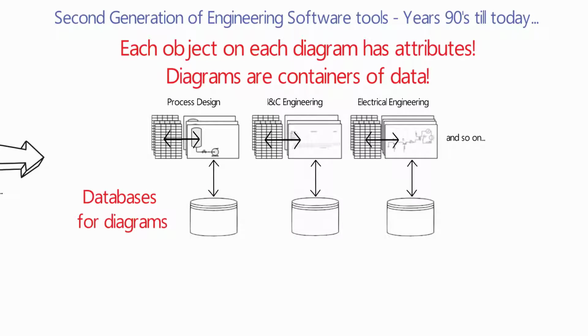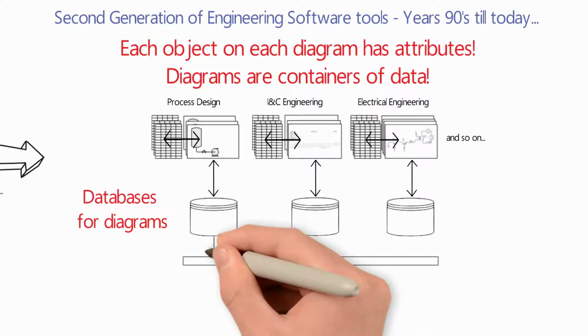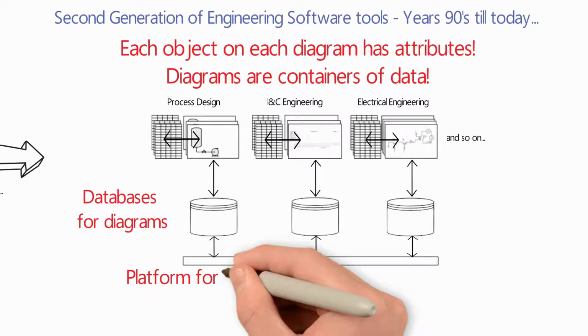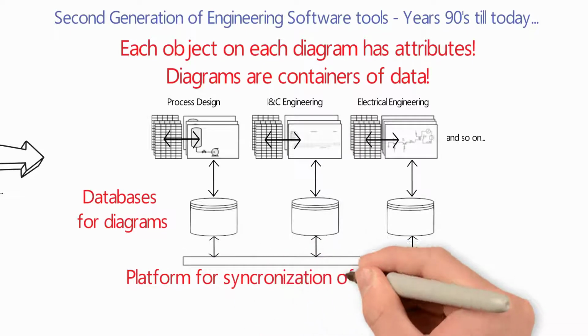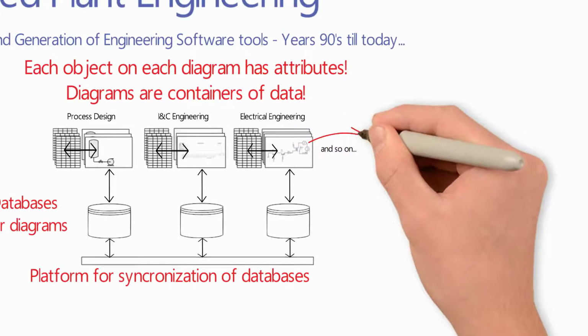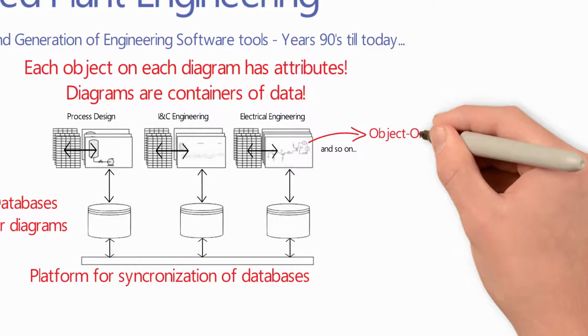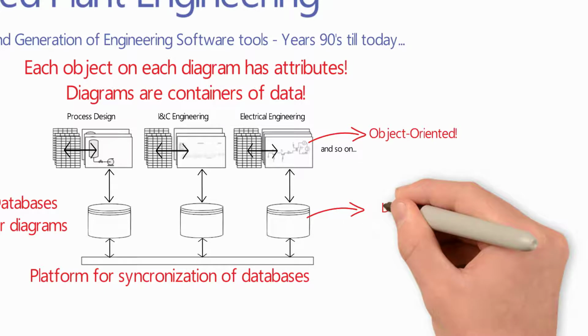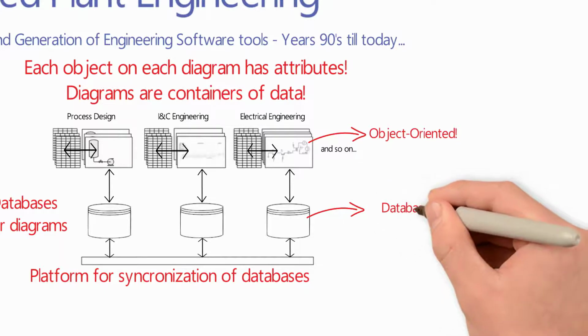Parallelization of engineering demanded synchronization of the data in different disciplines, and therefore a synchronization agent, which is typically called a platform, was patched to improve the data communication. So, as a result, we have objects on diagrams, we have databases to store diagrams, and it is a three-tier software architecture.